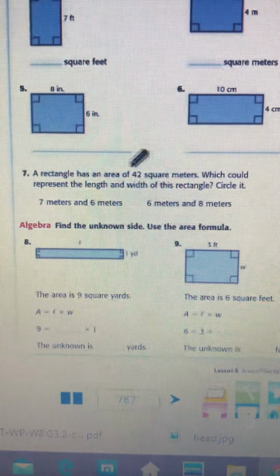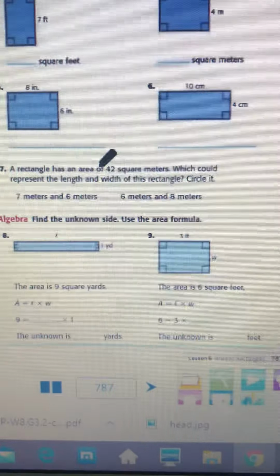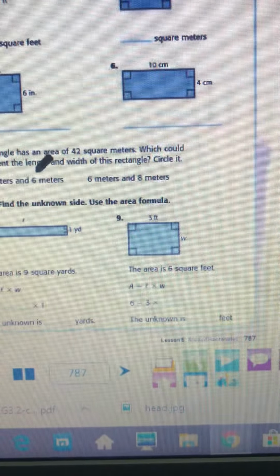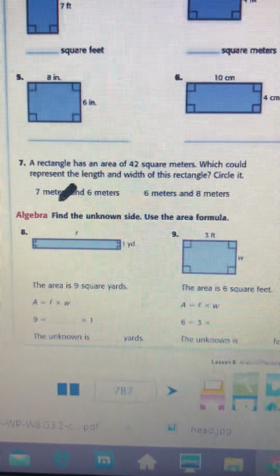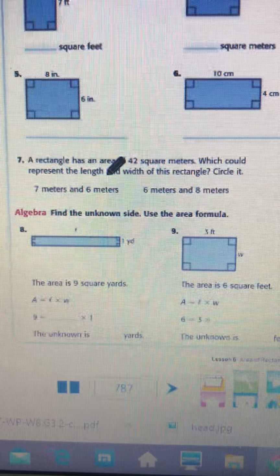So, they're asking, what numbers, when we multiply, we will get 42? Is it 7 by 6 or 6 by 8? I want to hear from you.